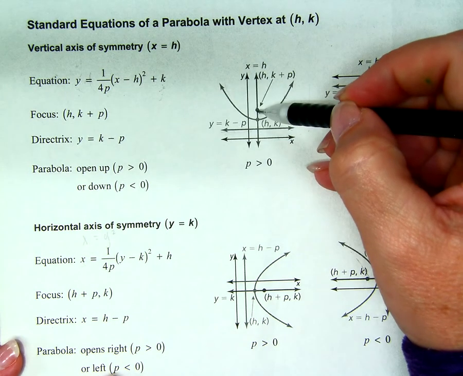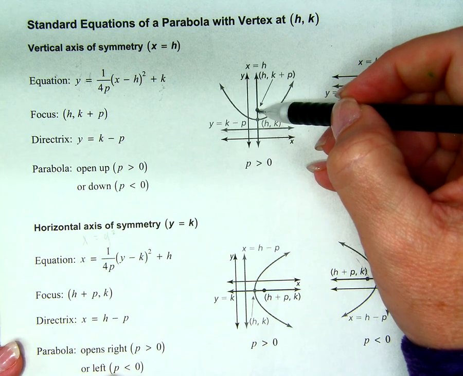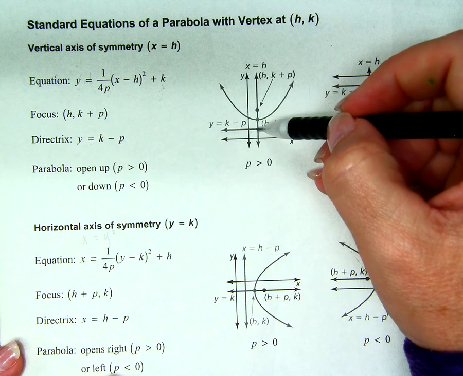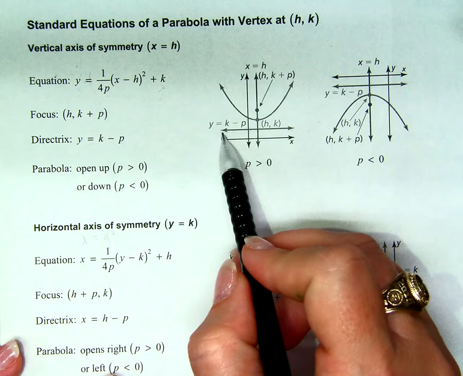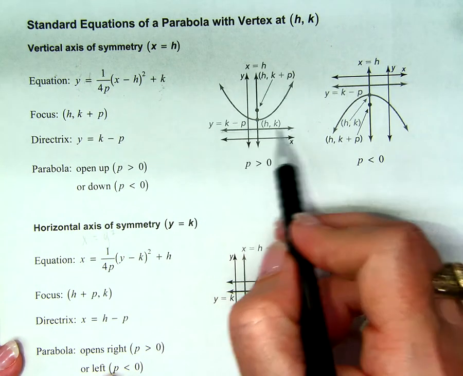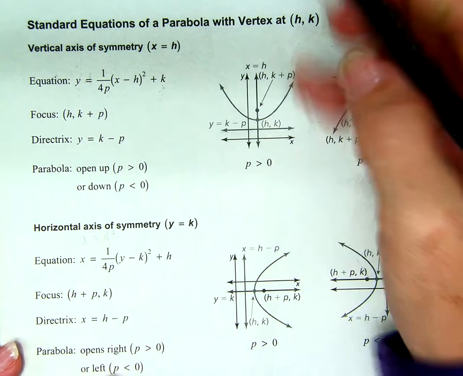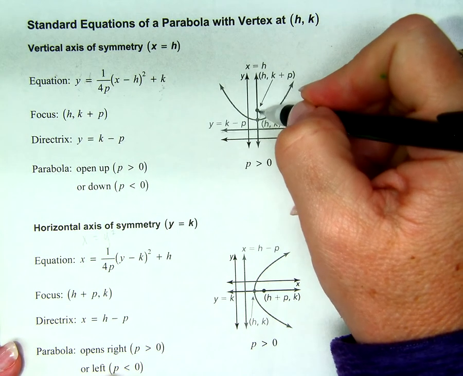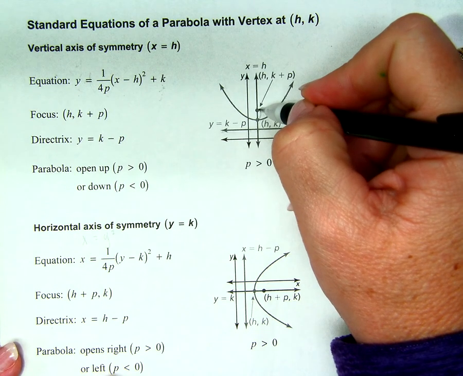This point that's inside the parabola is the focus. That's the focus. The line that's outside of the parabola, this line right here, is the directrix. See, here's the x-axis right here. This is a whole different line. That's called the line of directrix. The distance from the vertex to the focus is P.